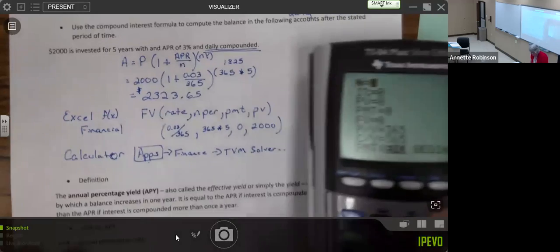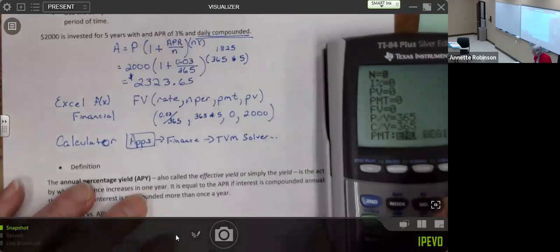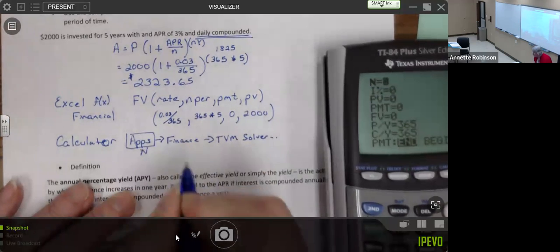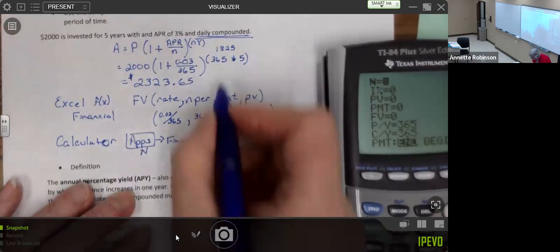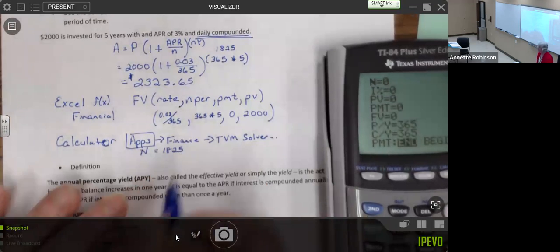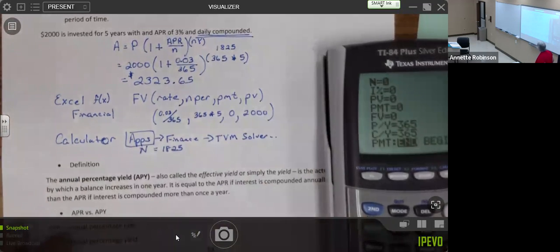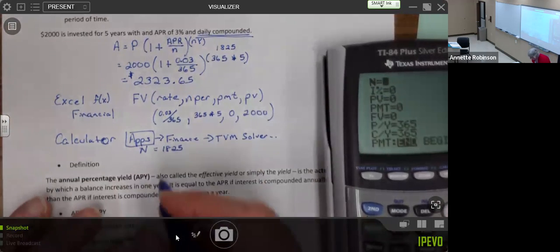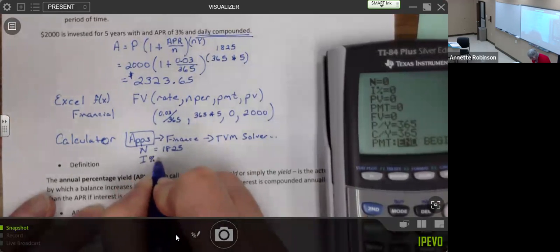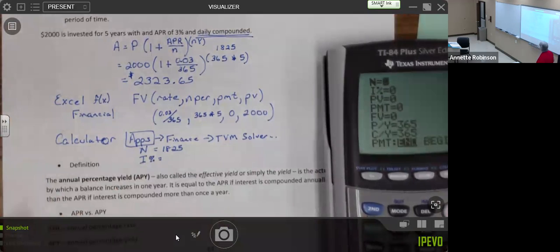Okay, so let's write down these letters and what we're plugging in. N is the total number of pay periods. We said that was 1825 on paper. That was the 365 times 5. Now, the privilege of your calculator when it comes to the I percentage is you don't have to move the decimal.